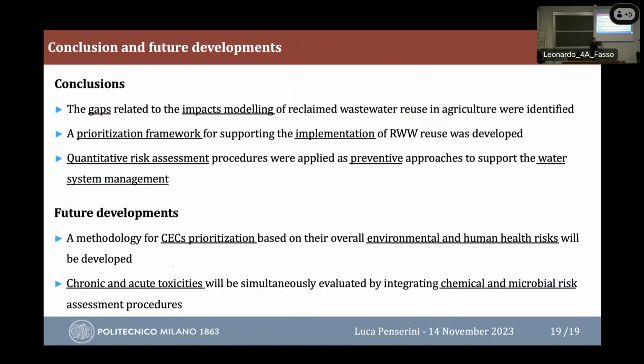As future developments, what I showed in tasks 4 and 5: a methodology to prioritize contaminants of emerging concern based on the overall environmental and human health risk, and the development of a procedure to integrate the chronic and acute toxicities due to microbial and chemical contamination.